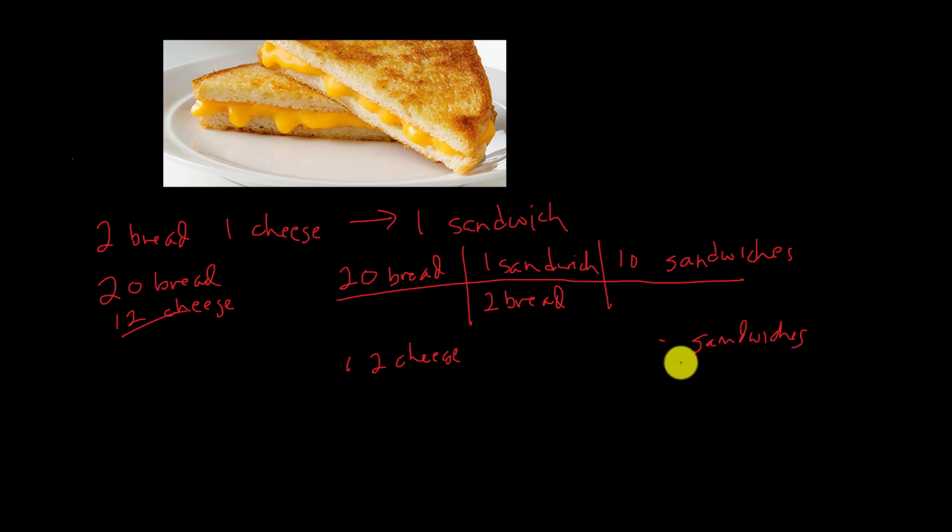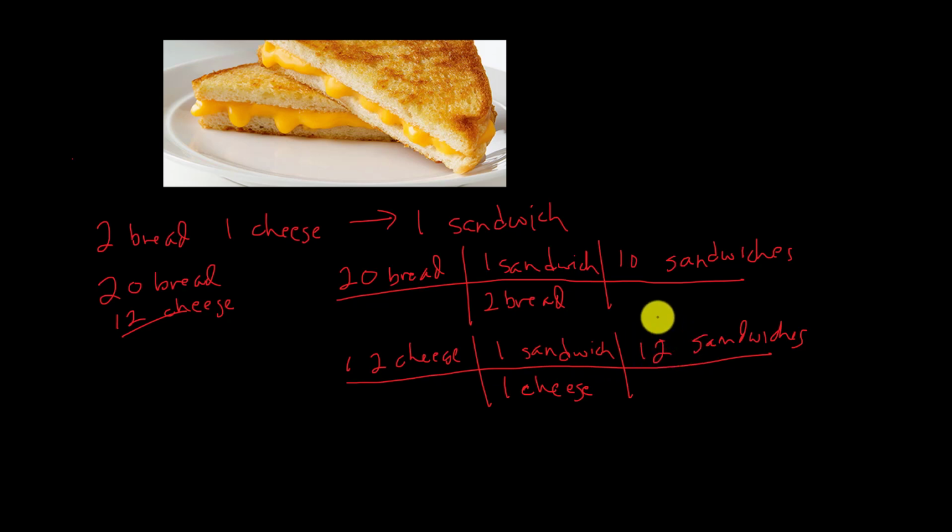So we put sandwiches over here. Follow my method here; you'll see that it is helpful to you. And of course, we can produce 1 sandwich for every 1 piece of cheese. So our answer then is going to be 12 sandwiches.